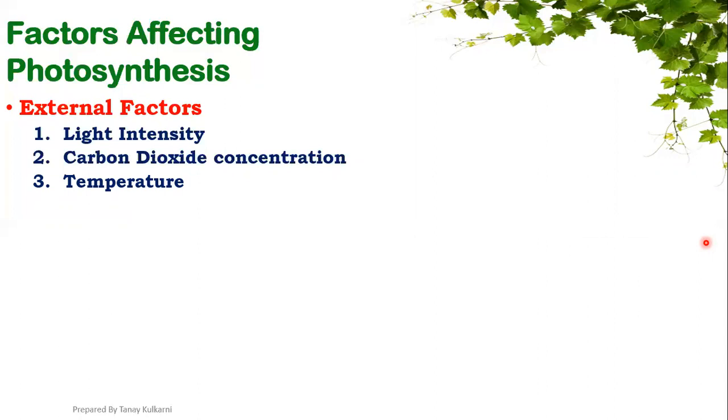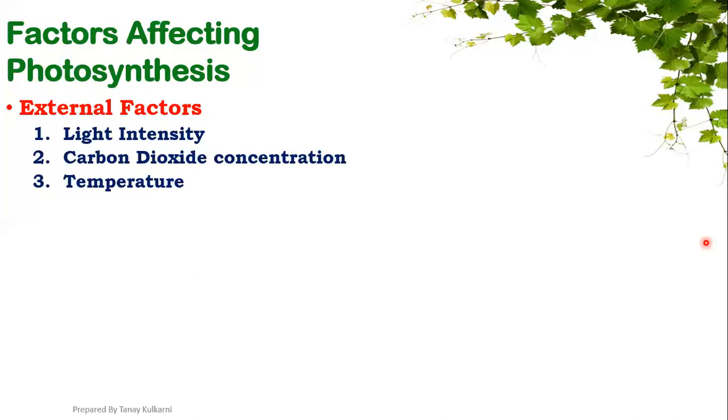Similarly, if the temperature decreases, the rate of photosynthesis also decreases, but we can see that there is a doubling of the rate of photosynthesis with a rise in temperature for every 10 degrees Celsius. For example, if the temperature range exists from 20 to 30 degrees Celsius, at that time suppose 40% photosynthesis is taking place.